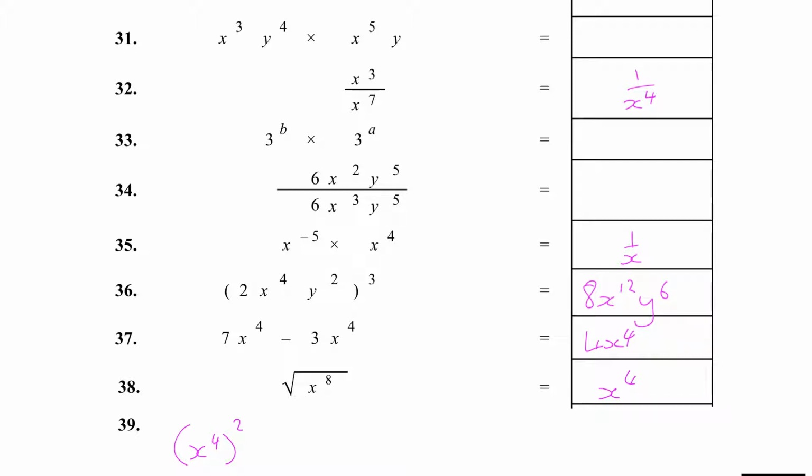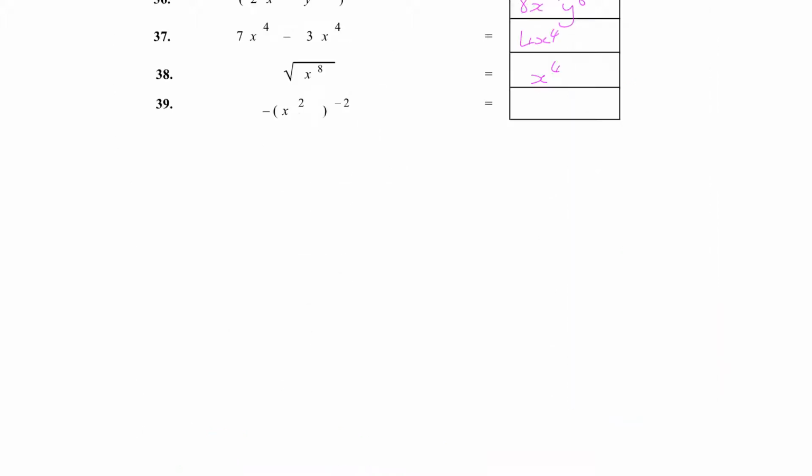Therefore, the square root of x to the 8 is x to the 4. Or we could think of this as, what times itself gives you x to the 8? And if we're multiplying and the bases are the same, we need to add. So what plus itself gives you 8, which is another way of saying what times 2 gives you 8, x to the 4. All valid ways of answering this question.